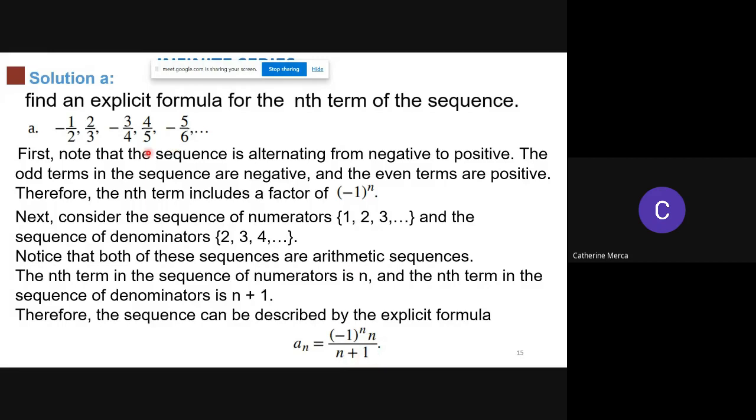So the explicit formula for the nth term of this sequence is a sub n equals negative 1 to the n times n all over n plus 1. That's how you find the explicit formula. You have to analyze all the values and come up with a reason why you have negative 1 to the n, so you write down that the sequence alternates from negative to positive. Okay?